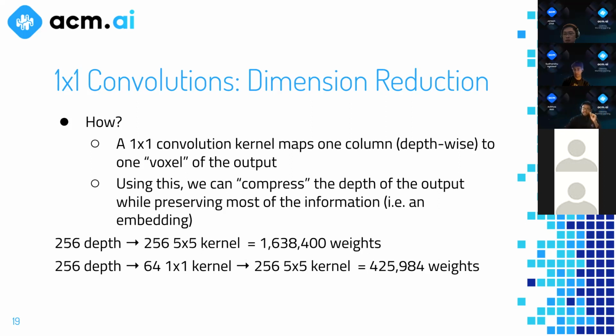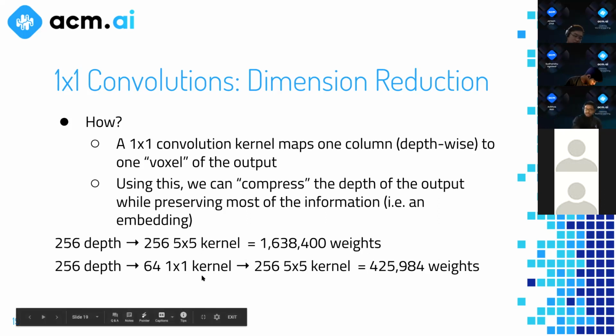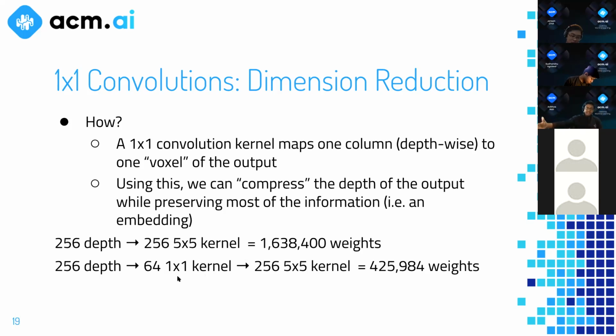To talk about numbers specifically, in the first example, without using dimension reduction, the number of weights you're seeing is essentially equal to 5x5 into 256 into 256, which gives us about 1.6 million weights. But after we apply dimension reduction using 1x1 convolutions, we get 425,000 weights. The reason is, if you look at the first layer, where we deal with these 1x1 kernels, we have 1x1 by 256 filters, and we have 64 of them.